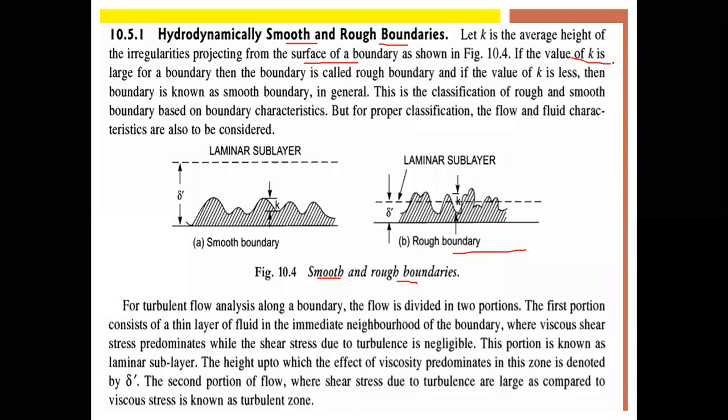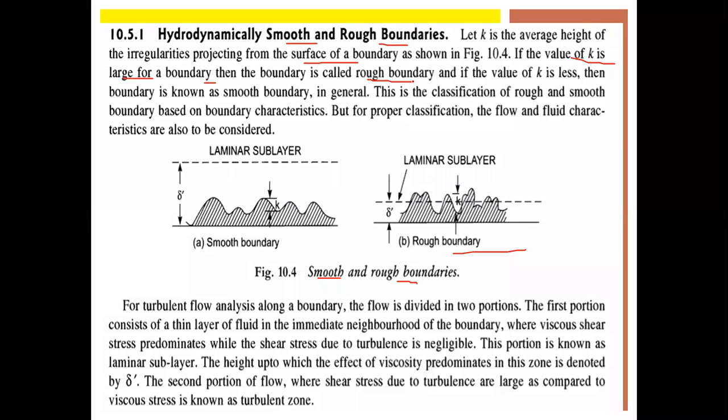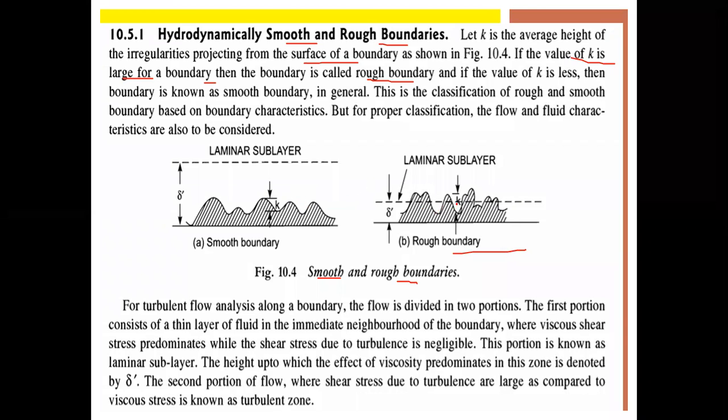If the value of K is large for a boundary, then it is called a rough boundary.